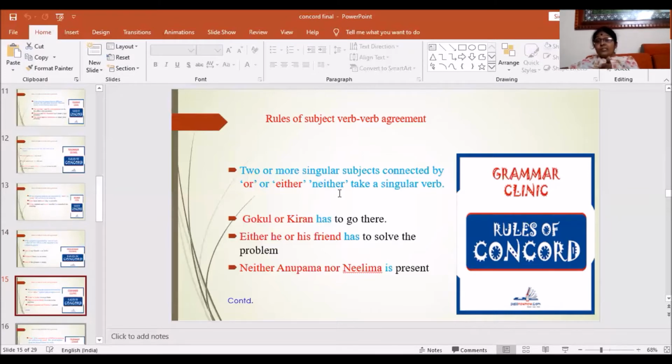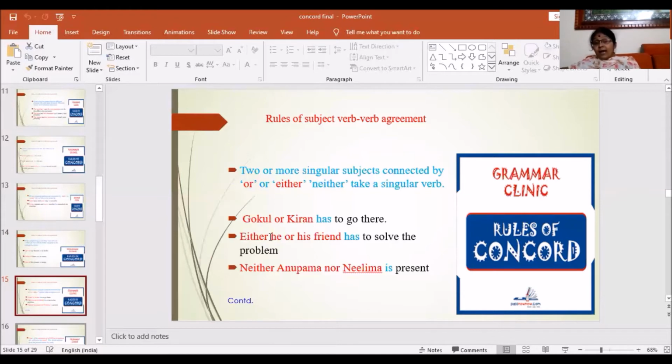For example, Gokul or Kiran. Now, Gokul is one singular subject, Kiran is one singular subject, but they both are connected by or, so your verb should be singular, that is has.